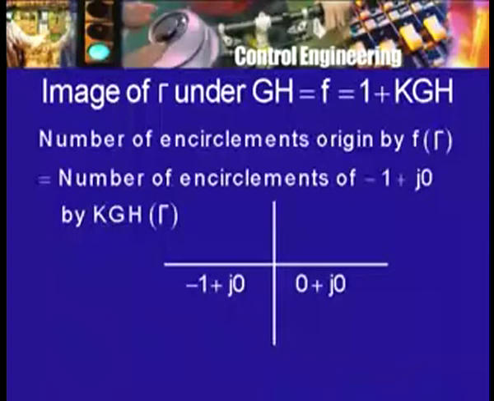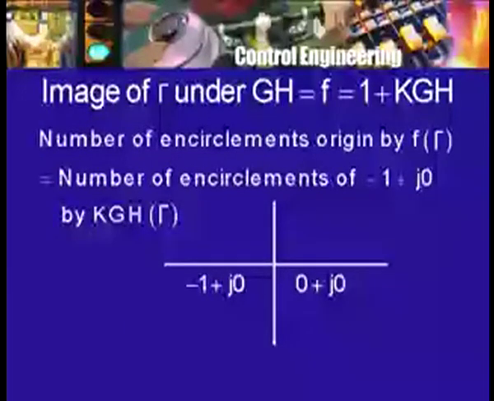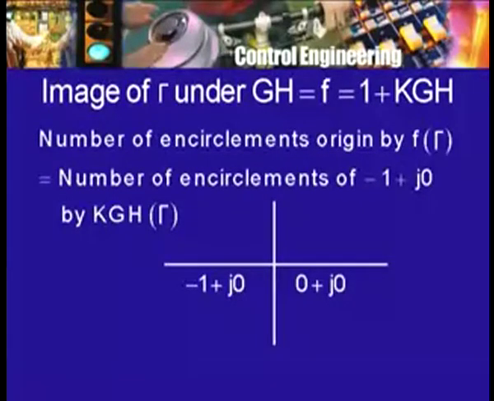That is, the image contour of gamma under gh, instead of looking at encirclements of the origin by it, you should look at the encirclements of the point minus 1 plus j0. And the reason for this is that f is obtained from gh by multiplying by k and adding 1.